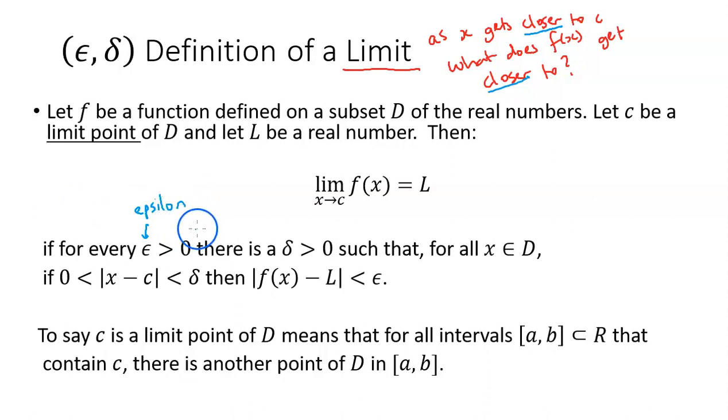It's kind of like a game, if you think about it. You give me a number epsilon that's greater than 0, but you can make it as small as you want.